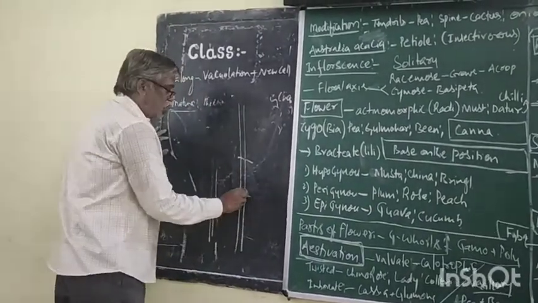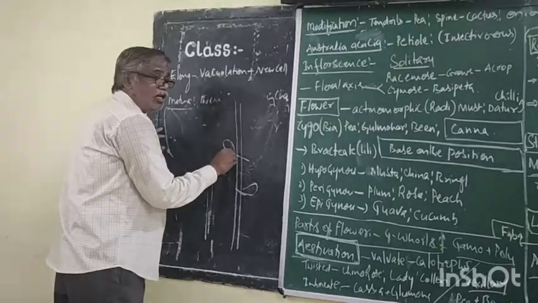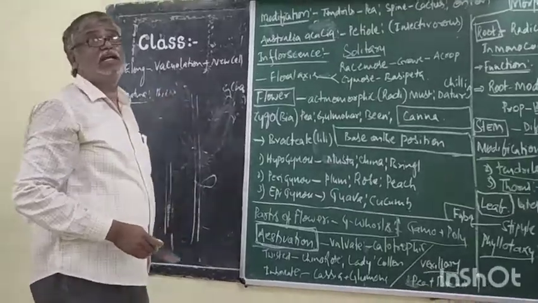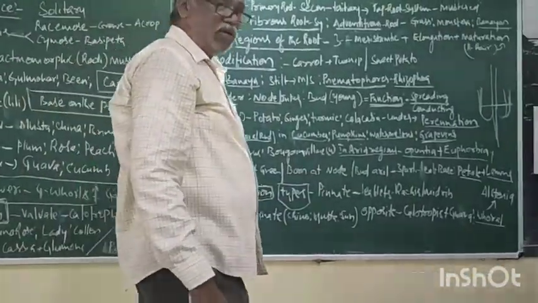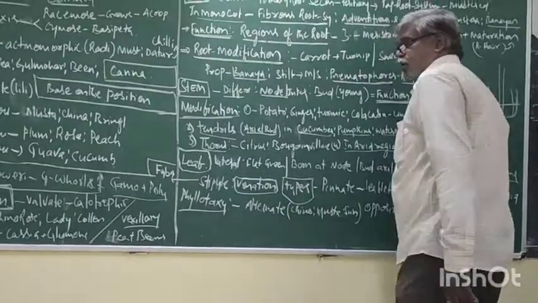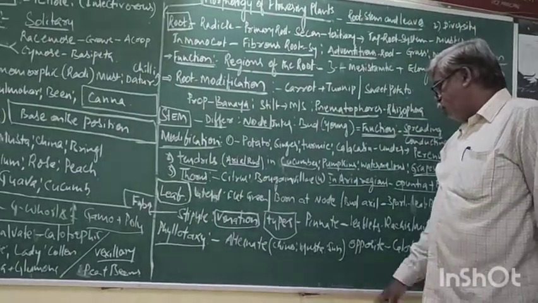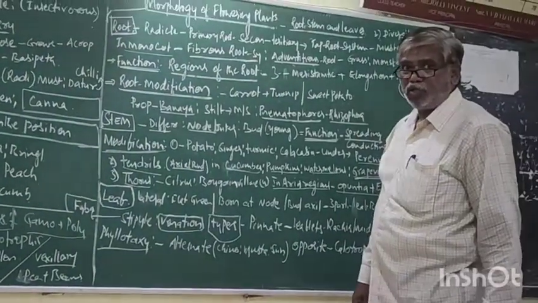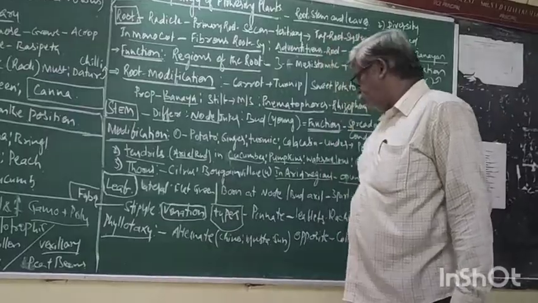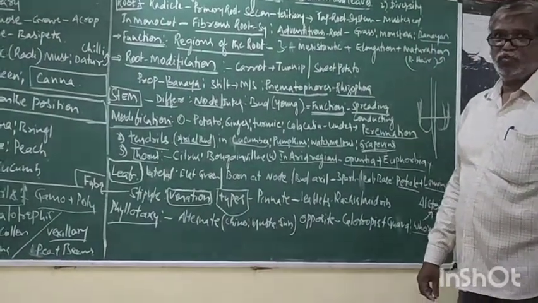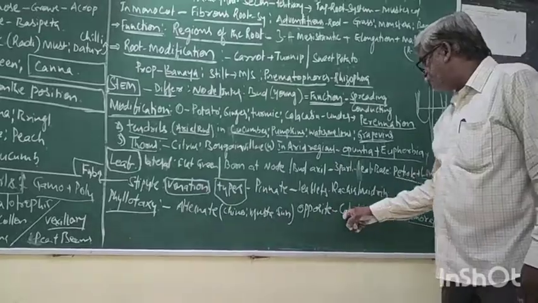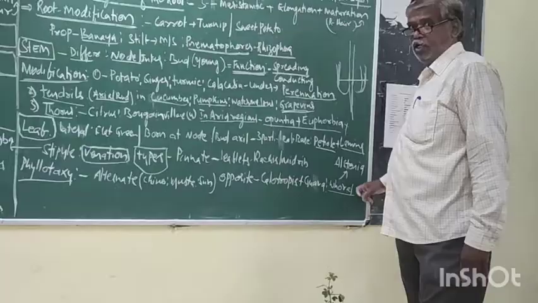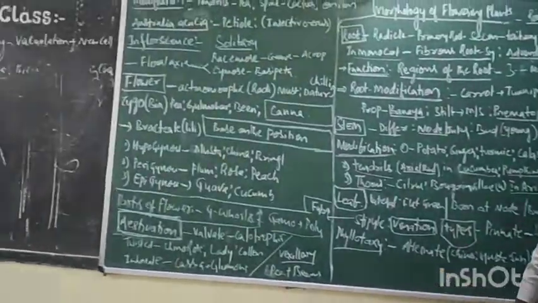Here one leaf is there, then another leaf at another node, on the right side, left side, right side, left side. This is called as alternate. Alternate phyllotaxy we can see in China rose, mustard, and sunflower. Now the opposite, which is very beautiful in Calotropis and guava. Next one, whorled, Alstonia. These are the three types of phyllotaxy.